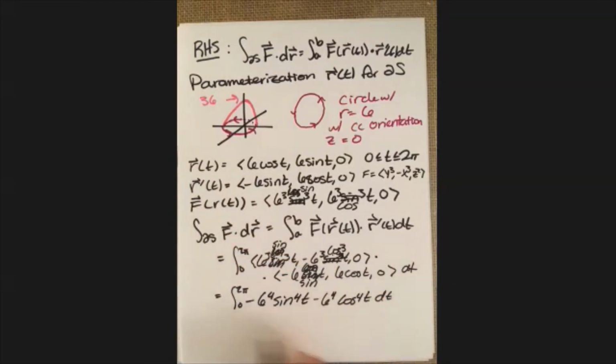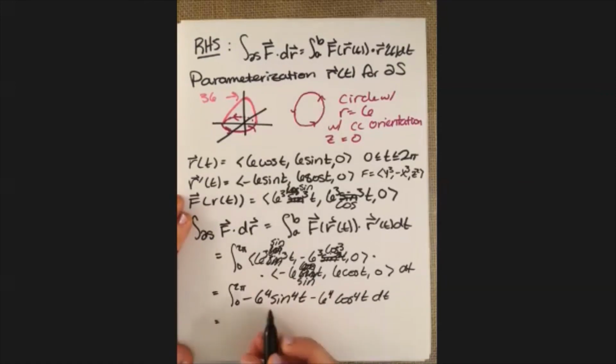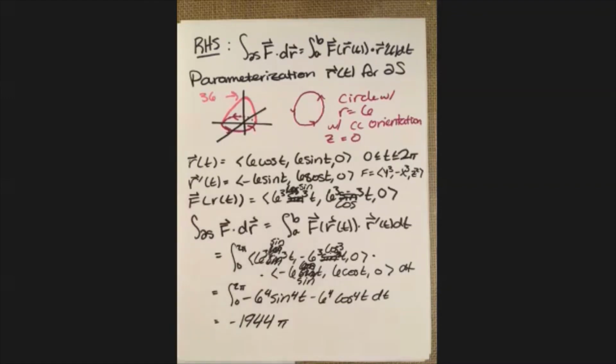And this actually winds up being a fairly straightforward computation. If you factor a little bit using difference of squares, you wind up being able to use your sine squared, cosine squared identity. It's not too terribly bad, so I'm just going to tell you that the answer winds up being negative 1944 pi once again. So it does indeed agree with what we had gotten previously.